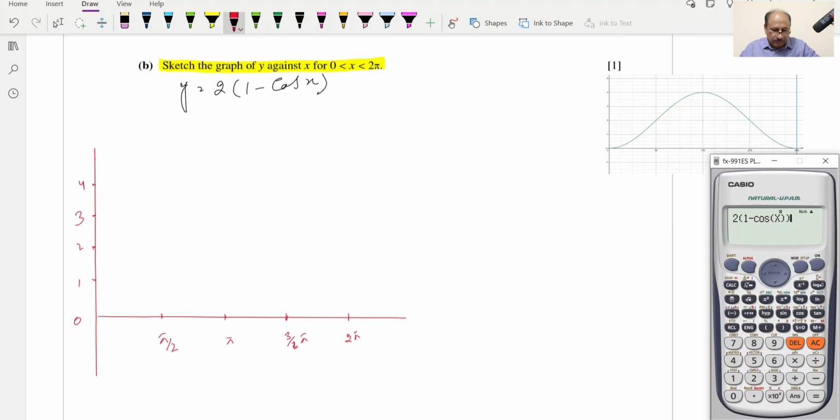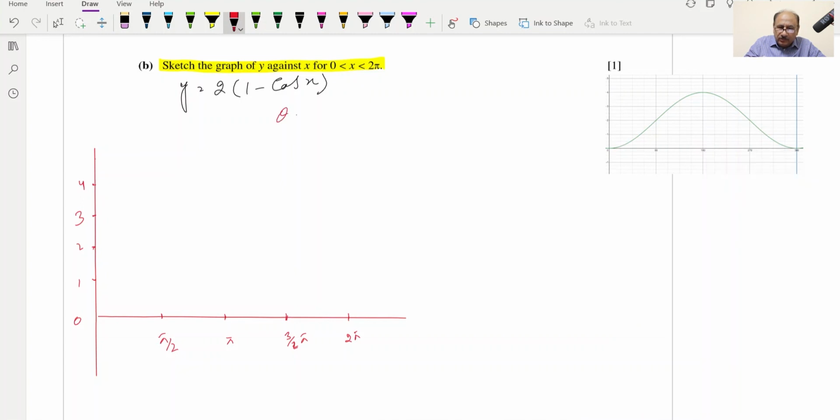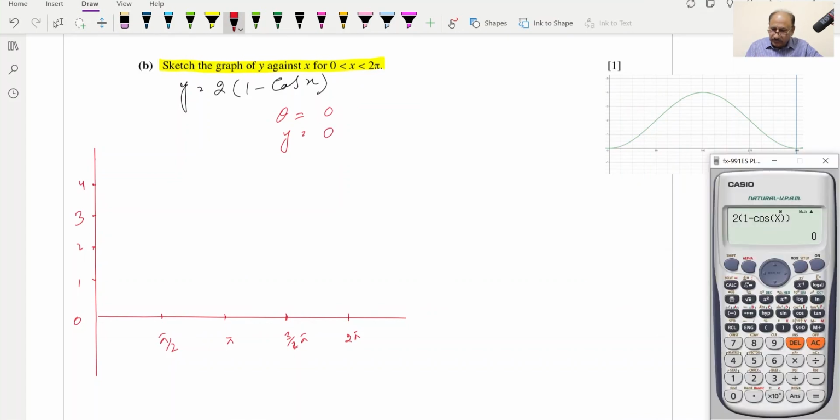Now we can take cos 0. So calculate for 0, and this is equal to 0. So if theta is 0, then our y value will be 0. This is what we found. And the second thing will be when theta is equal to pi by 2 or 90. So calculate for 90, and this will be equal to 2.